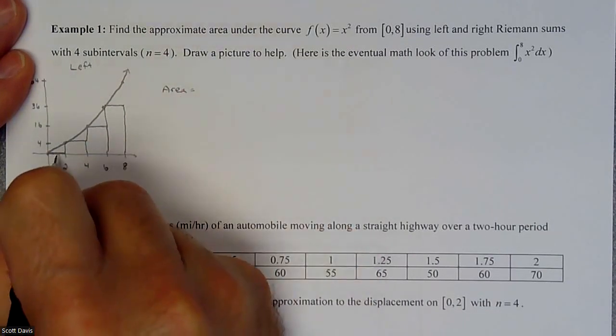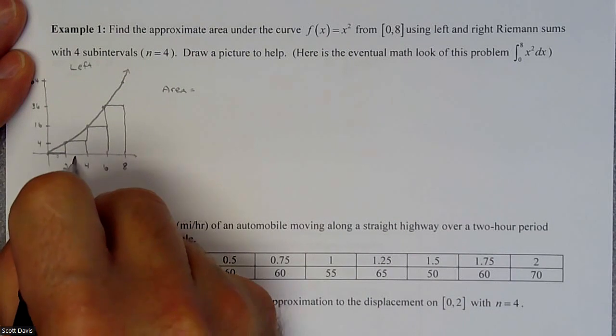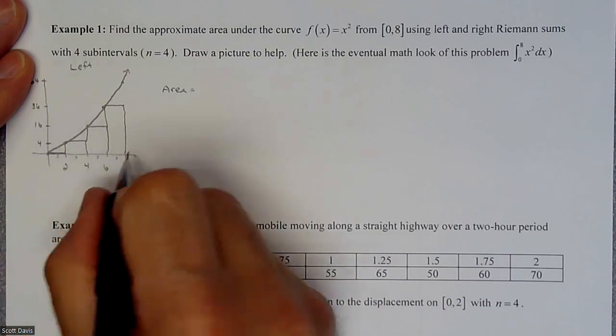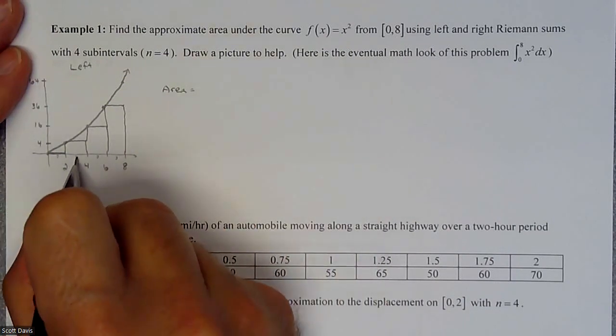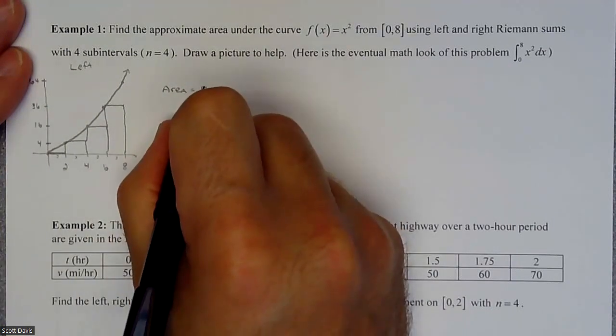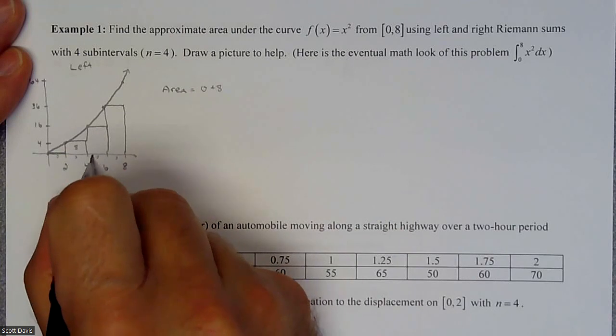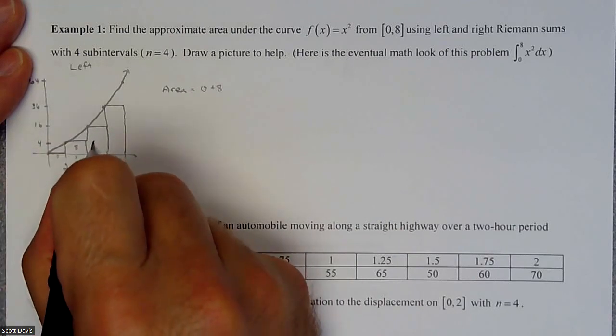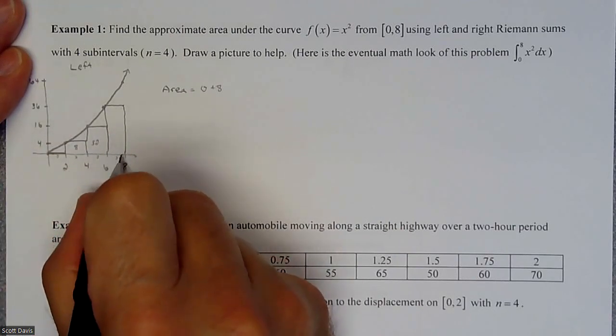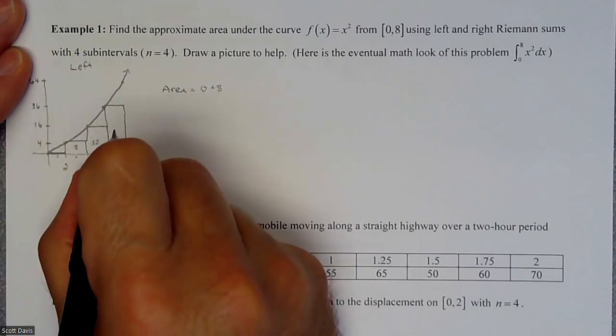So those areas are, my first area is 0, because each of these widths is 2. So I have an area 2 times 0, I have an area 2 times 4, so I have a 0 plus 8. And then this is a 2 times 16, so I'm getting a 32. I have a 2 times 36, which is 72.